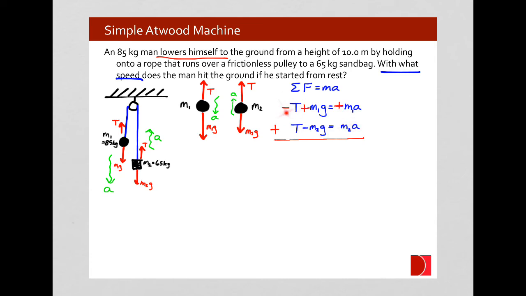And when we add, we have a negative tension and a positive tension. Those will just cancel out completely. We have that. We can simplify.